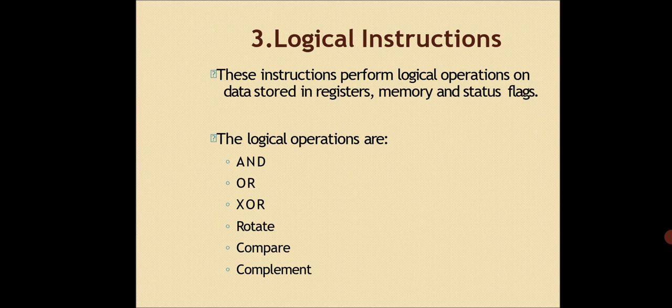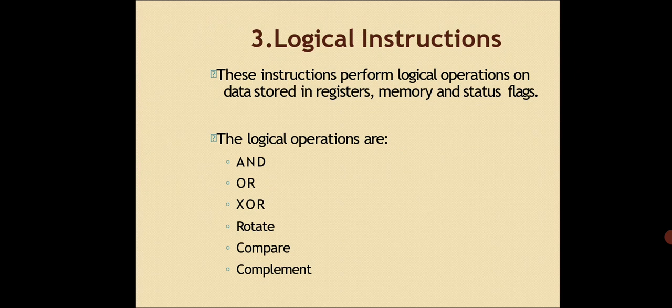In today's lecture we are going to start with the third group, that is the logical operation group. In this type we are going to see the different logical instructions of the 8085. These instructions perform logical operations on the data stored in registers, memory and status flags.